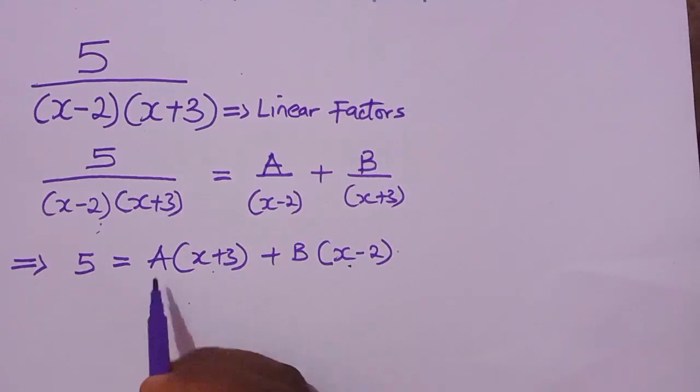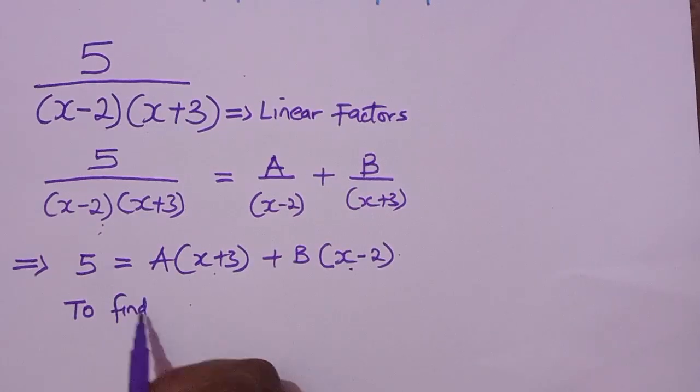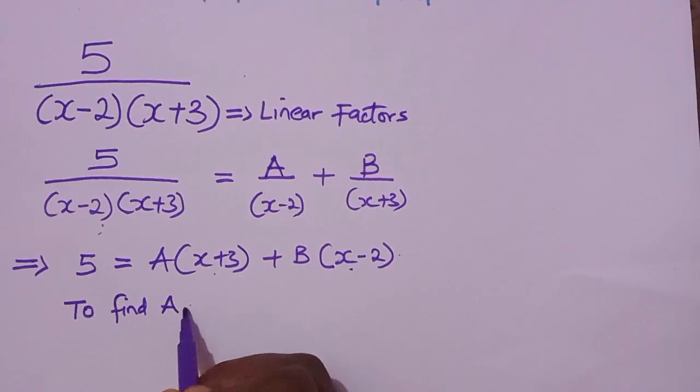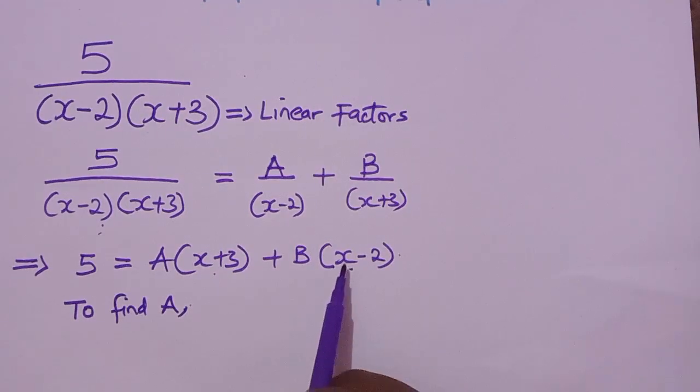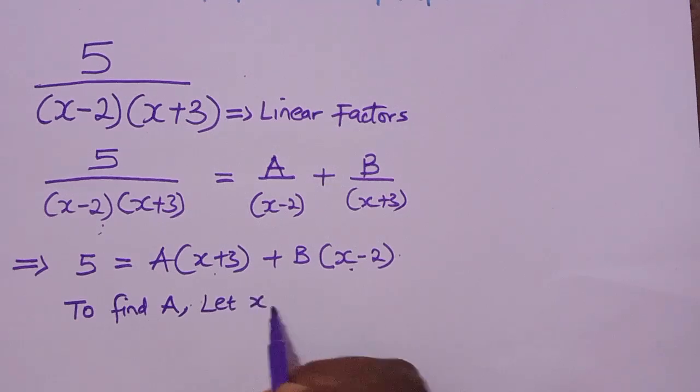Let's find a. To find a, we are going to look for a value of x that once we substitute it, b will automatically be 0, and the value is 2. So we say let x be equal to 2.